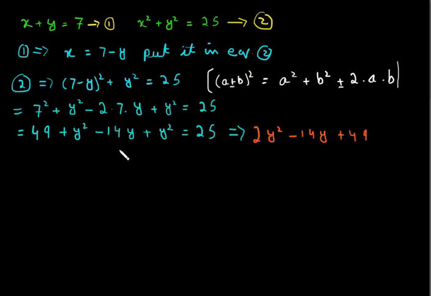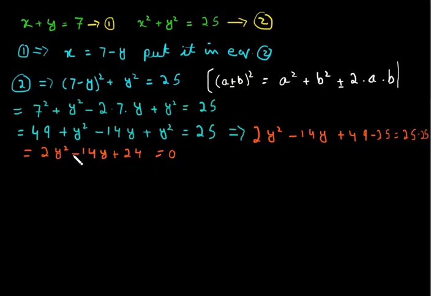To make it standard form, I subtract 25 from both sides. I get 2y squared minus 14y, and 49 minus 25 gives plus 24, and 25 minus 25 gives 0. This is known as standard form, as one side is equal to 0.